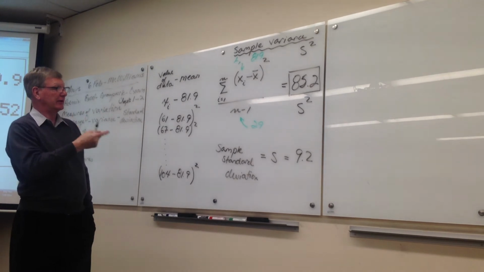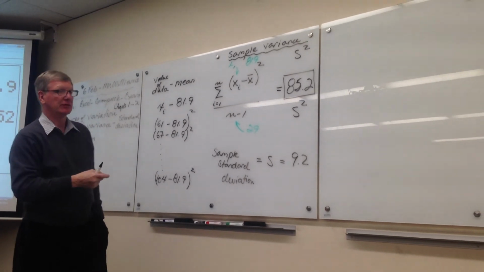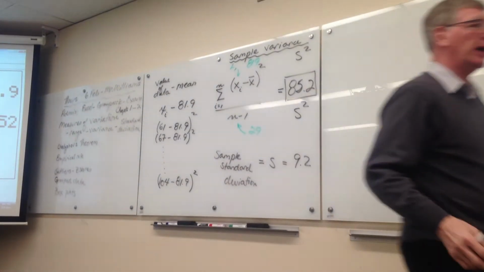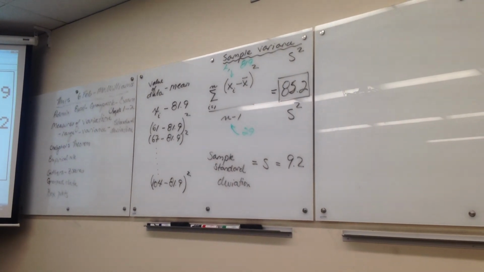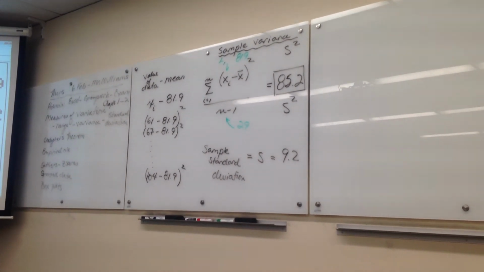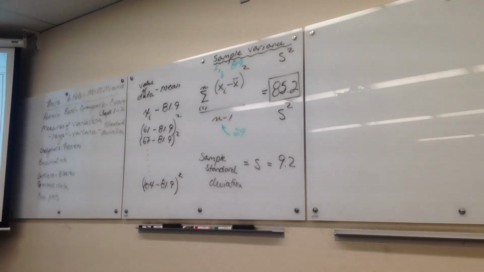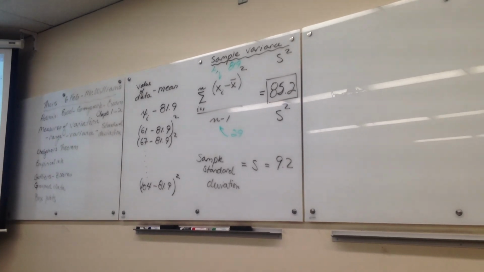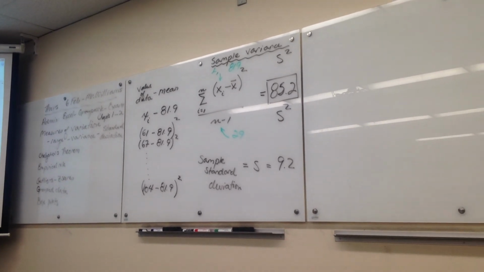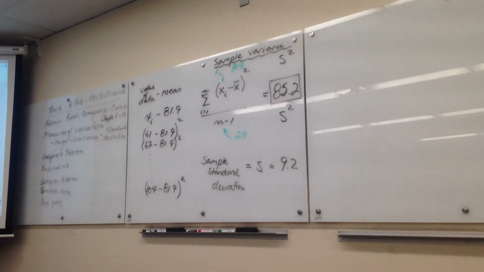So I have the standard deviation, and I have the variance. Before we go on, I need to again emphasize the difference between what we've talked about in terms of sample and population.